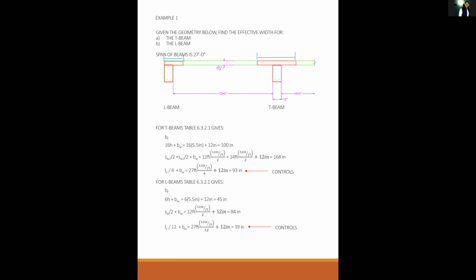The width of the beam is given, that's 12. That never changes. This is 12, this is 12, and that's part of the problem statement. The only thing that you have to figure out is the effective width of the L and the T. Okay, got it.